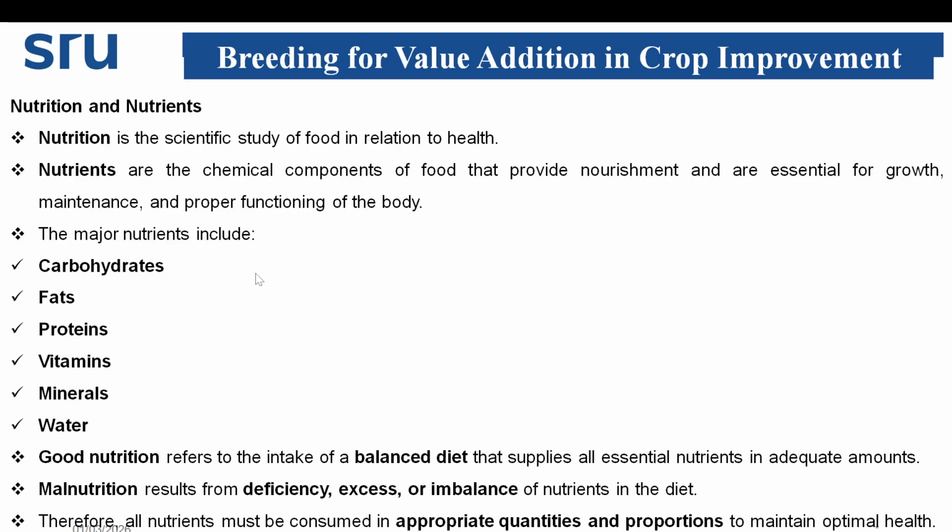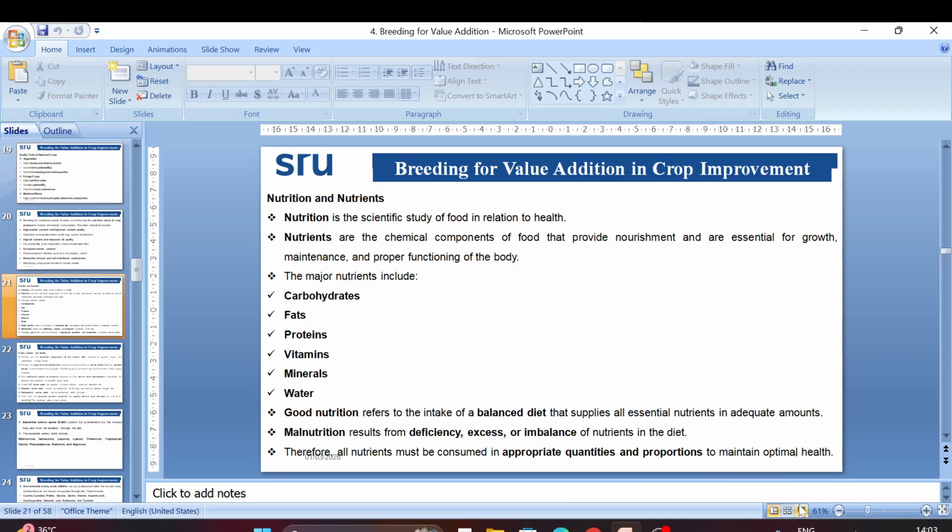The major nutrients include carbohydrates, fats, proteins, vitamins, minerals and water. So good nutrition refers to the intake of a balanced diet that supplies all essential nutrients in adequate amounts. Malnutrition results from deficiency, excess or imbalance of the nutrients in the diet.